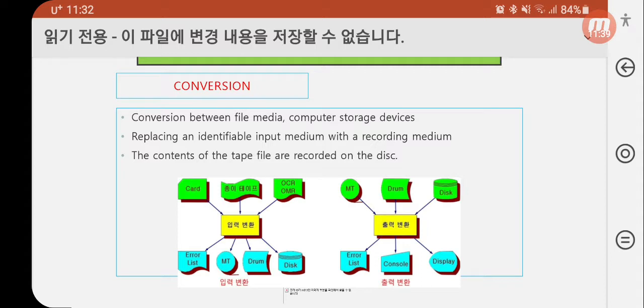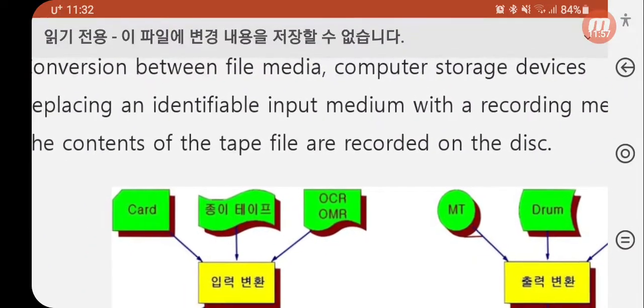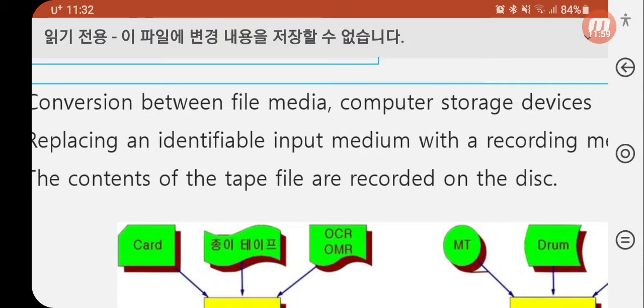Replacing an identifiable input medium with a recording medium. The contents of tape files are recorded on the disk. These are input media: cards, paper tape, OCR, OMR.